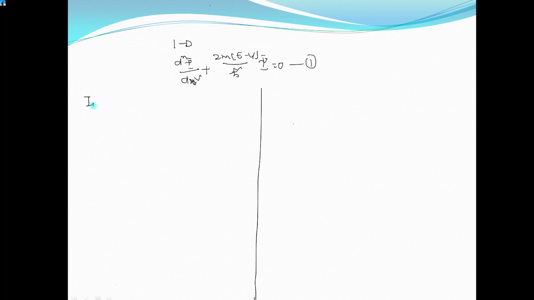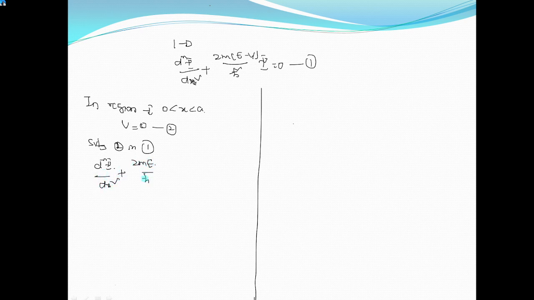Now in region 1, that is 0 less than x less than a, what about the potential? The potential is 0. This is equation number 2. So substitute 2 in 1. If I substitute the second equation in 1, I get d square psi by dx square plus 2mE by h cross square psi is equal to 0.